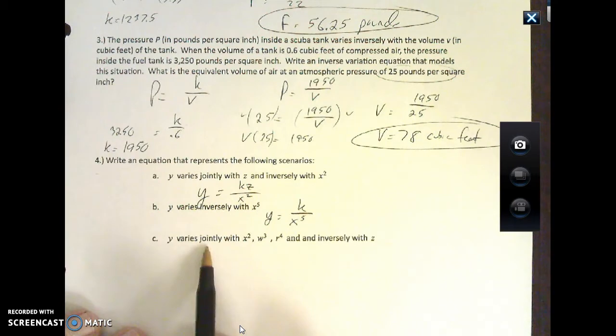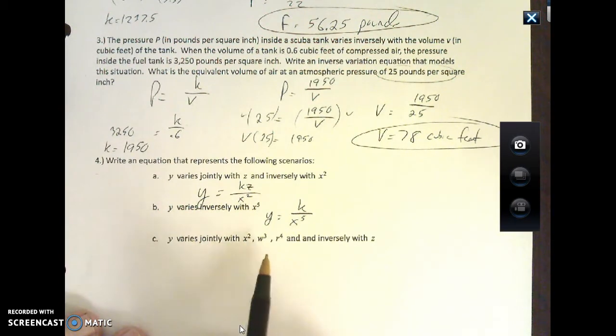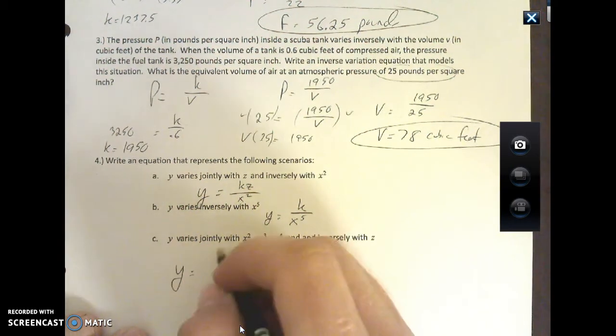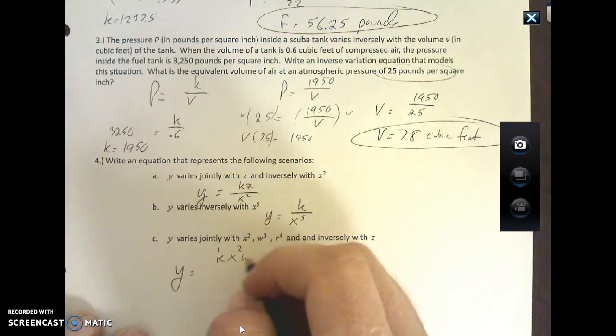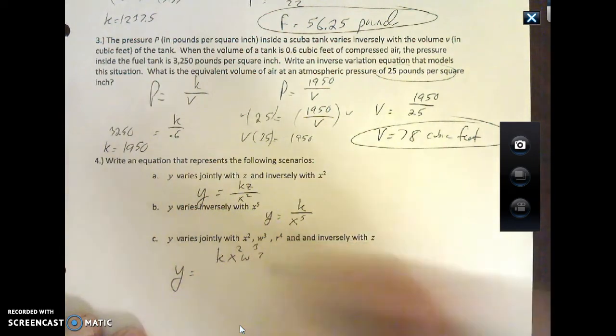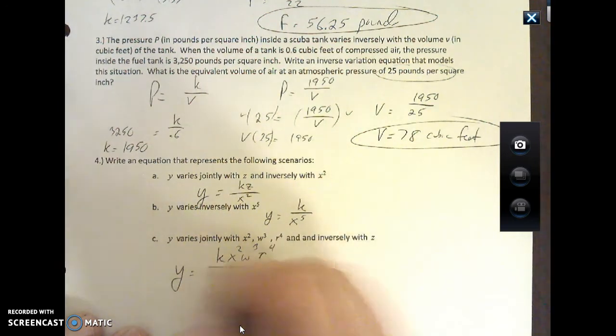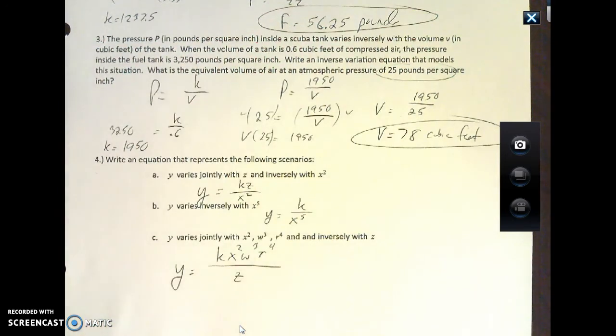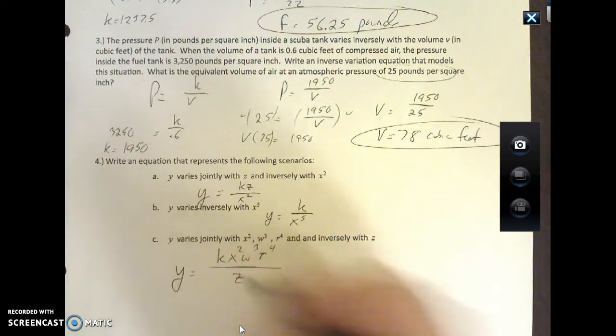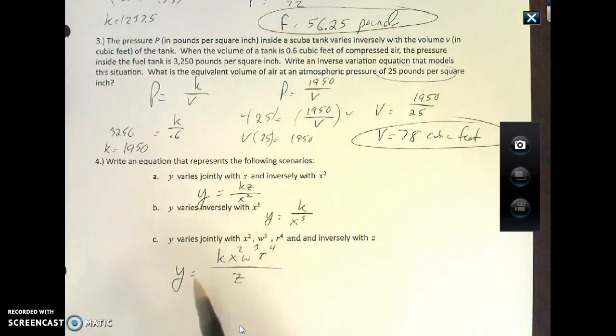Y varies jointly with x squared, y cubed, r to the 4th, and inversely with z, so y equals k x squared y to the 3rd r to the 4th over z. Done. That's all you're doing. The second you read the word inversely, you bring it down. Jointly means it stays on top. You always have a k on top. I will tell you for this quiz, there will not be anything besides k.